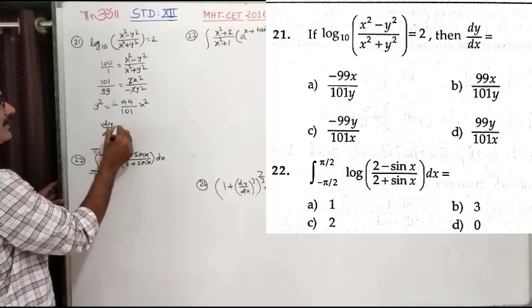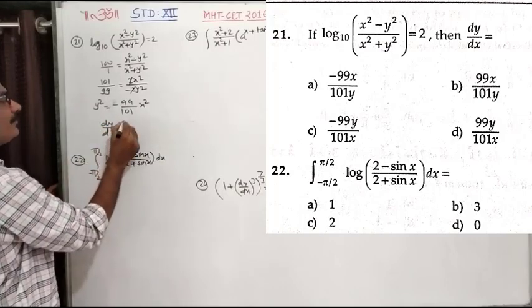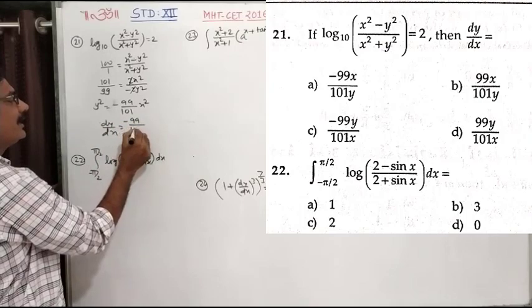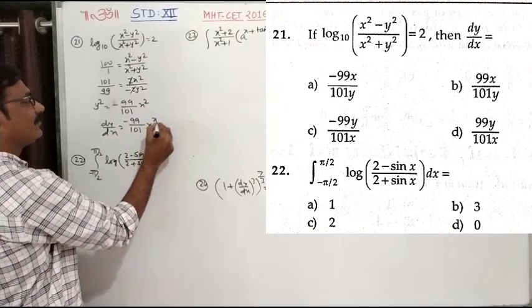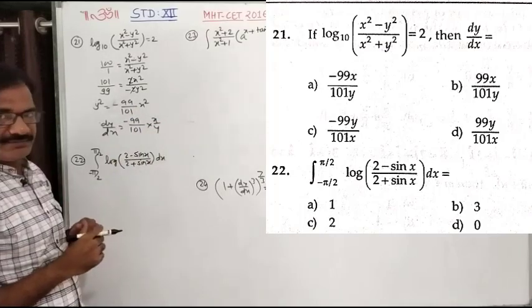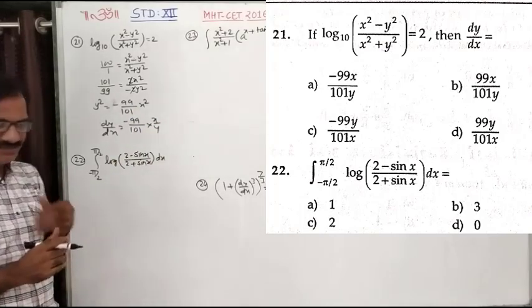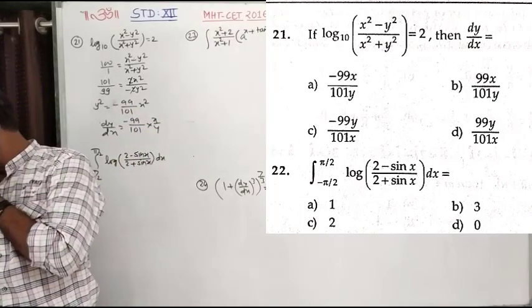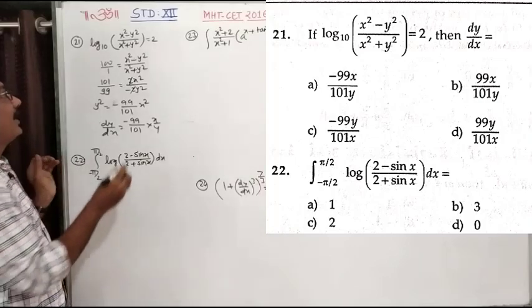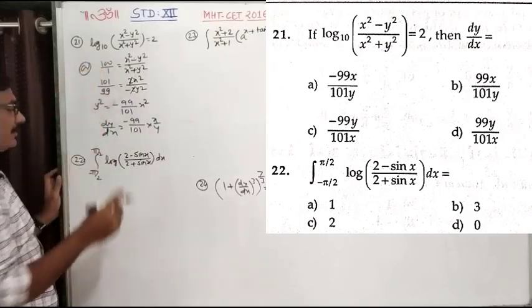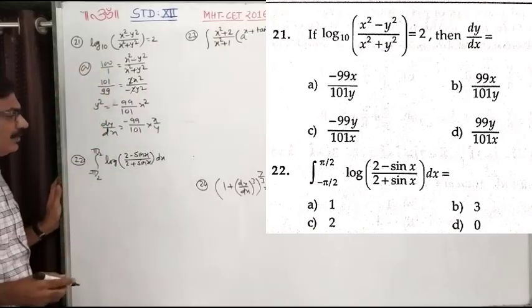So dy by dx, twice y is here, minus 99 upon this, it is twice x, 2 to cancel, x upon y. Is it given in the options? 99x upon 101y. Option is A.